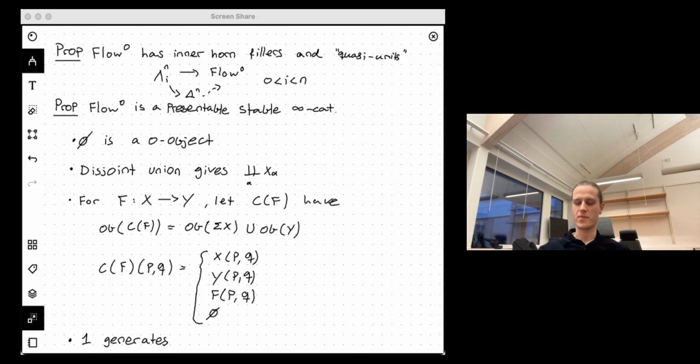What they then show is that this admits some objects that really look like units, that behave like units with respect to the composition, objects that are neutral when you see how they act on mapping spaces by composition. And this is a general principle that shows up in category theory: as soon as you have defined the compositional structure of a category, then having units is a property and not extra structure.